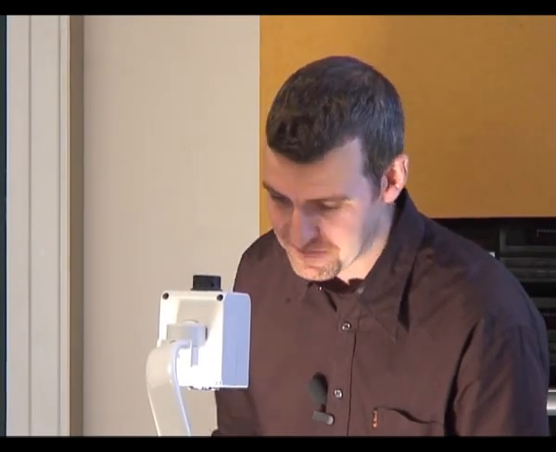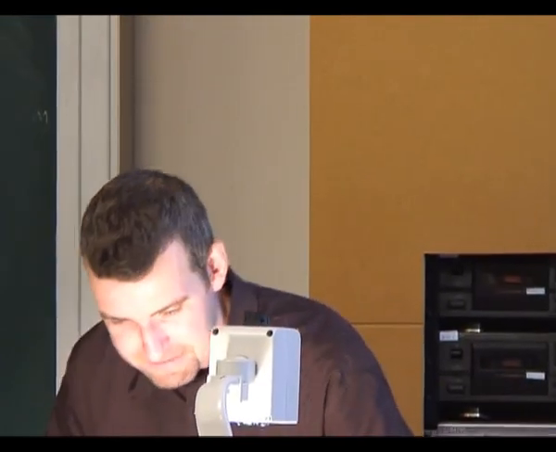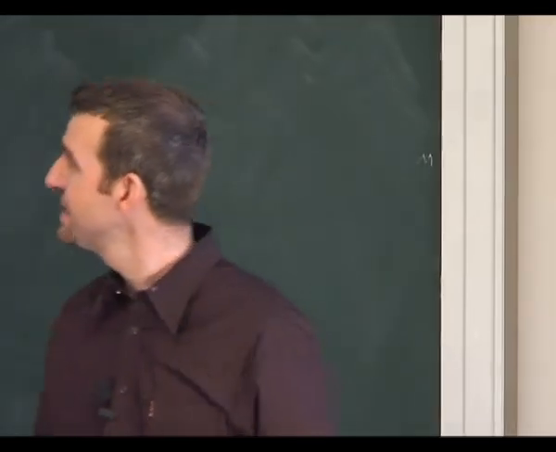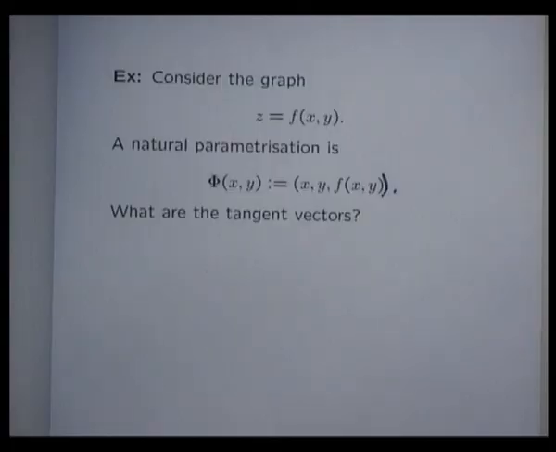One last example. Consider the graph. A natural parametrization, as we talked about before, is the following. What are the tangent vectors? Now, these tangent vectors are going to be very important when you're calculating the surface area of a graph.